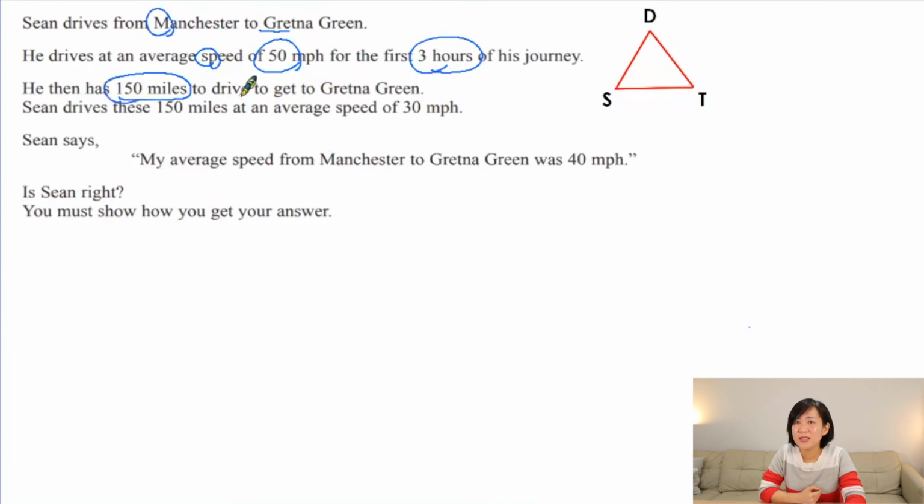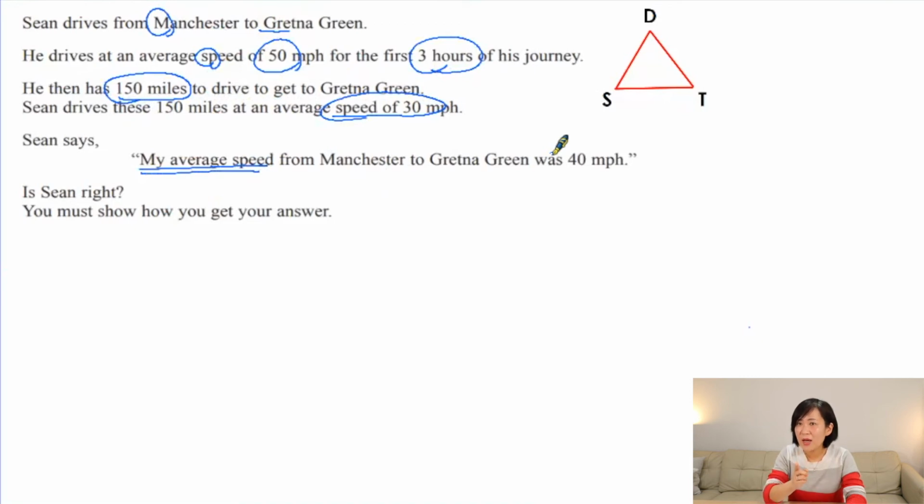Then he has 150 miles to drive to get to Gretna Green. Sean drives this 150 miles at an average speed of 30 miles per hour. So it's just normal speed. Then Sean says, my average speed from Manchester to Gretna Green was 40 miles per hour.